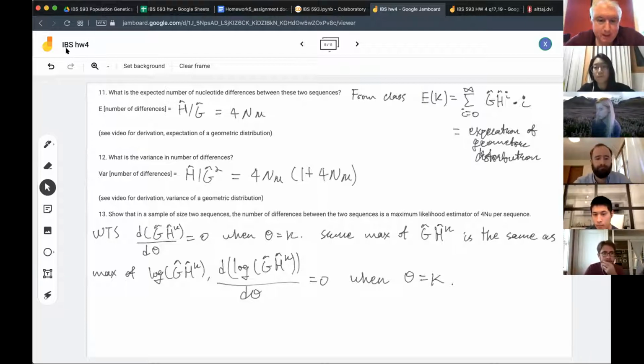But it doesn't really matter. For our purposes, because we know how to look up simple things like geometric distributions in books, we've learned that the mean of this distribution is theta, and the variance is theta times 1 plus theta.